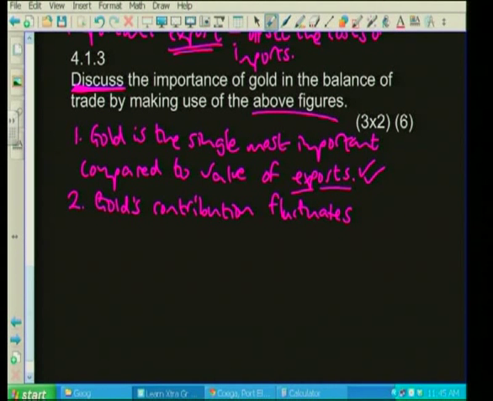And this fluctuating of the gold price, which is dependent on the exchange rates, is how much stuff is worth and how much the value of something is.